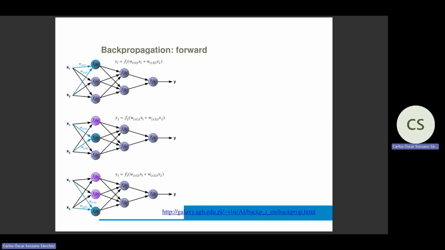And the same for the second one, the same for the third one. Okay, these two are in different colors because they have already been calculated. Okay, and then now you have all the outputs of the first layer. And this can be done in parallel, because the calculation of each one of the neurons is independent from the other neurons.